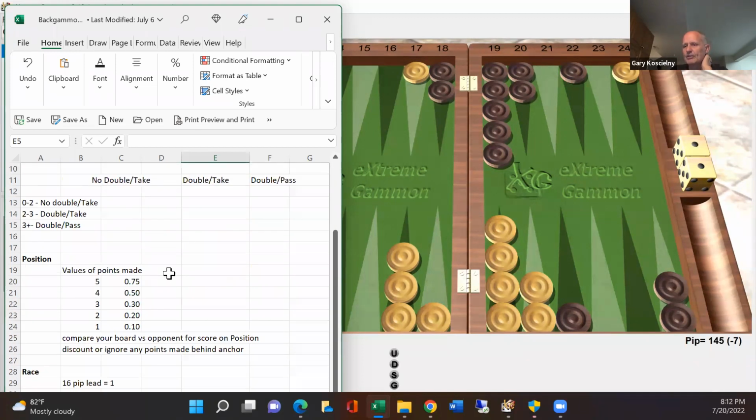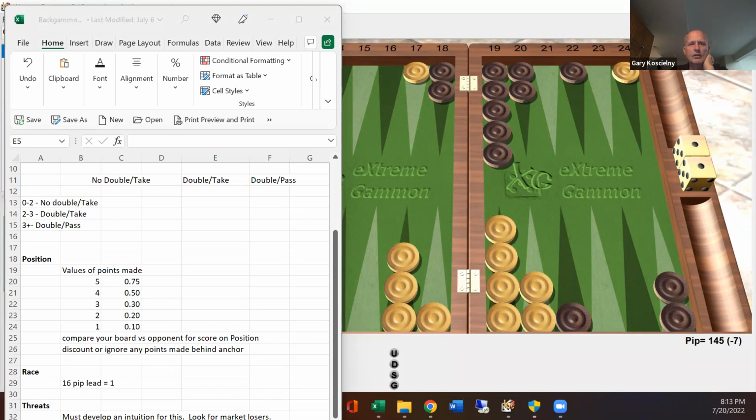The first step is to place value on the points. If we have the 5 point, we're going to get a value of 0.75.